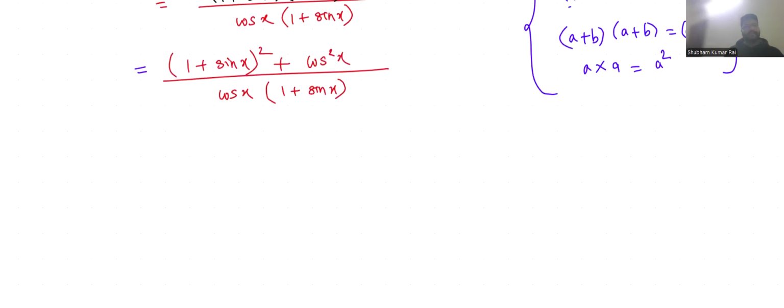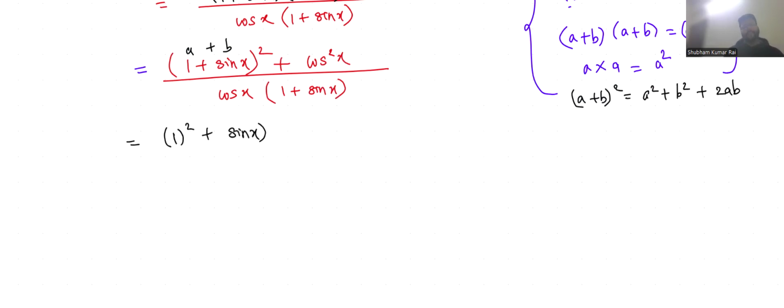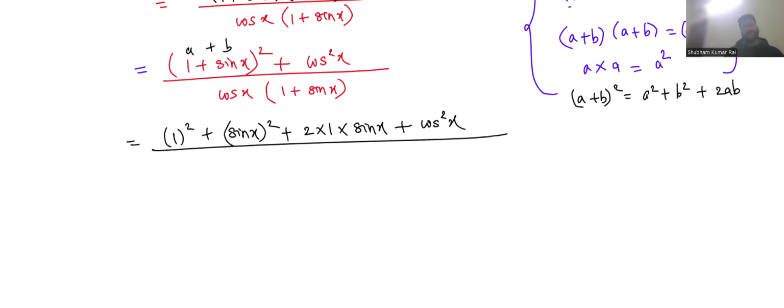Here you can see that the a plus b formula is applied. What is the formula? a plus b whole square is a square plus b square plus 2ab. So here a value is 1, so 1 square. b value is sin x, so it will be sin square x, plus 2 into 1 into sin x, plus cos square x, whole divided by cos x (1 plus sin x).